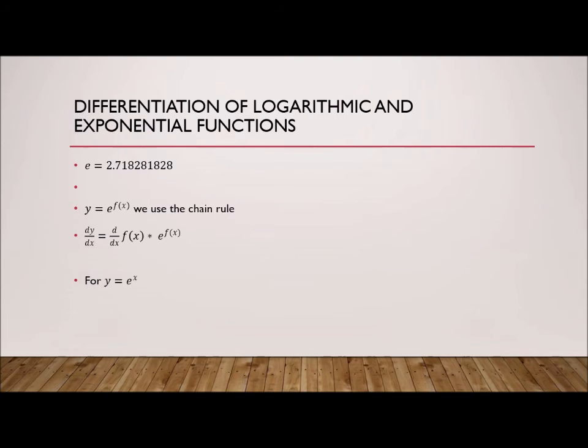So for y is equal to e^x, dy/dx will be e^x. Now for y is equal to ln f(x), dy/dx will be d/dx of f(x) over f(x). Hence d/dx of ln x will be the derivative of x, which is 1, over x.